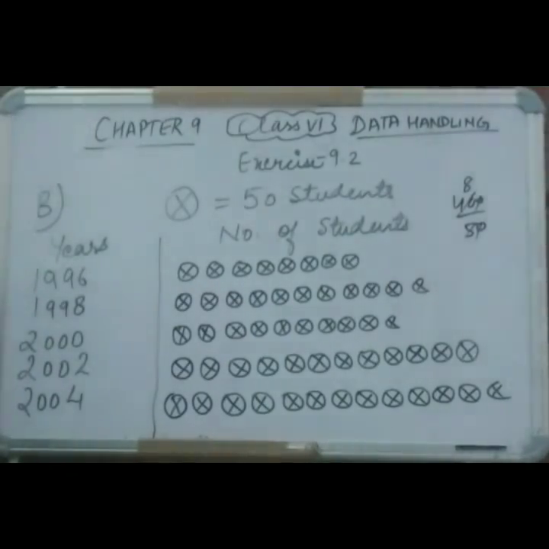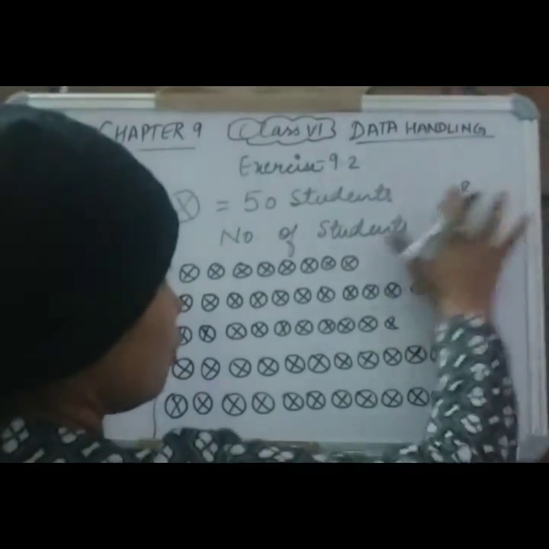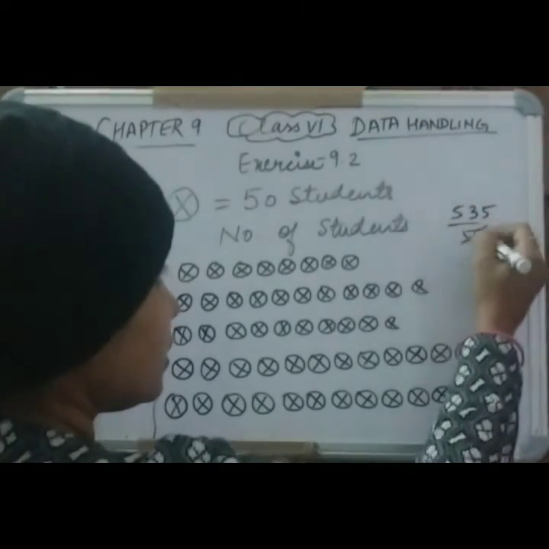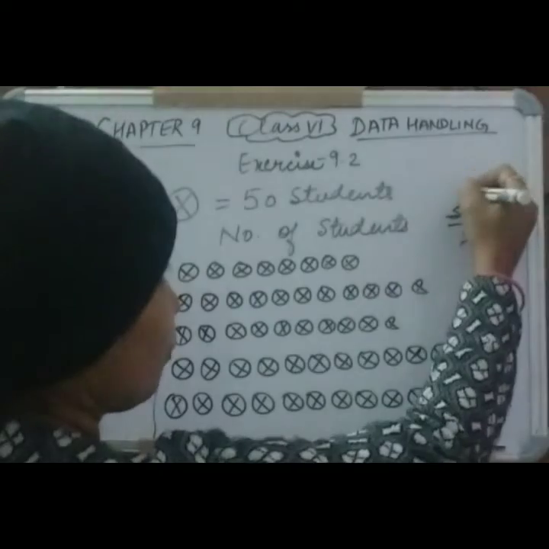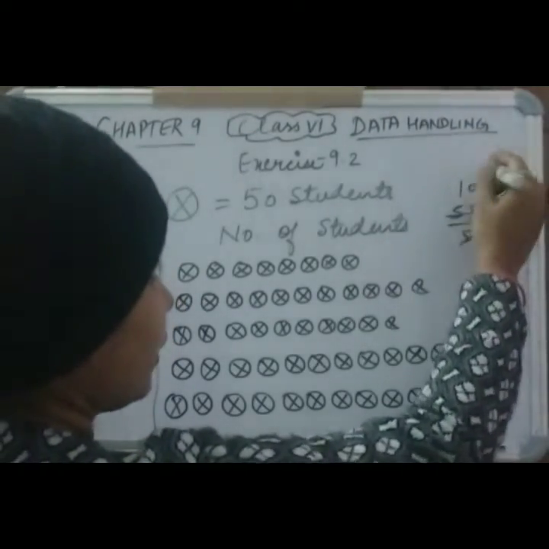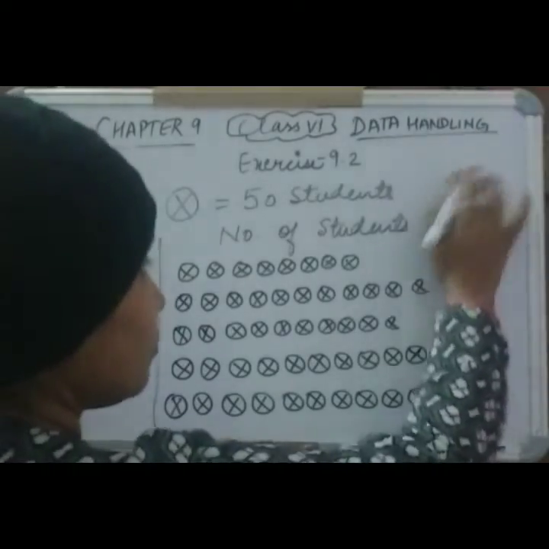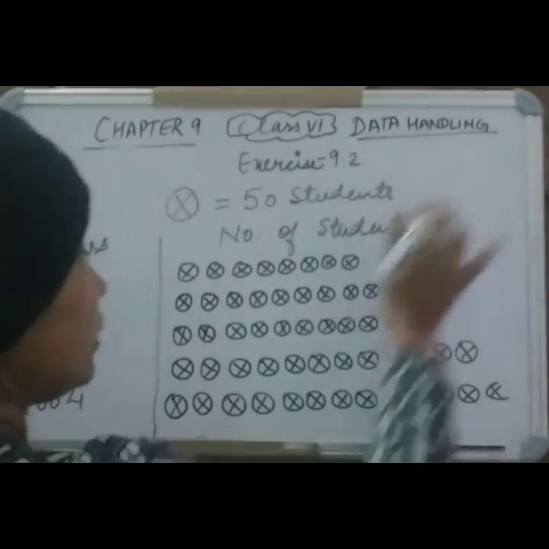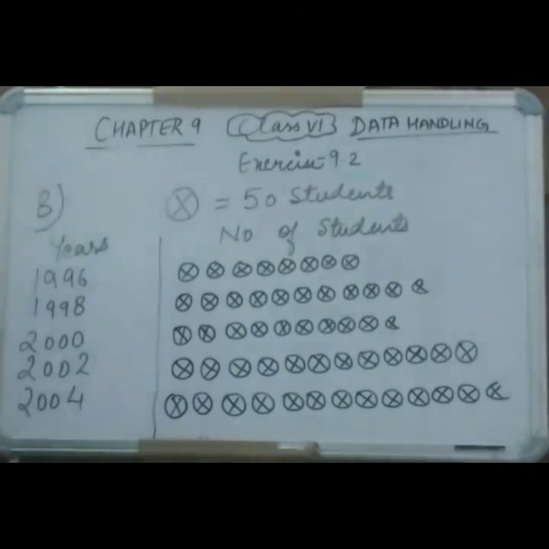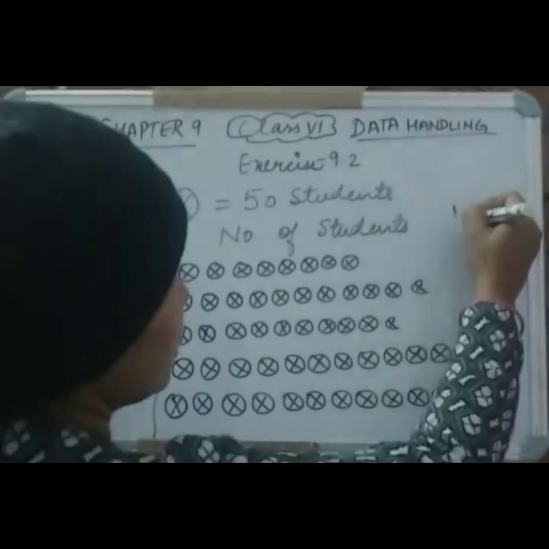Next one is 535. Divided by 50 it is 10.7, means full 10 complete symbols and 1 incomplete symbol. Next is 472.